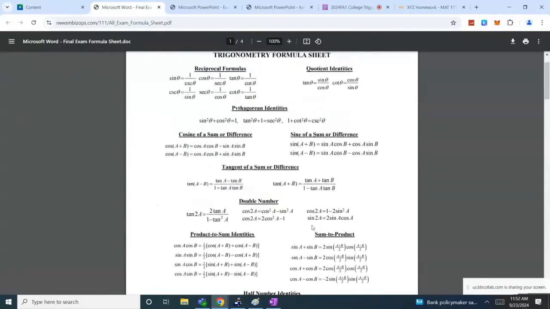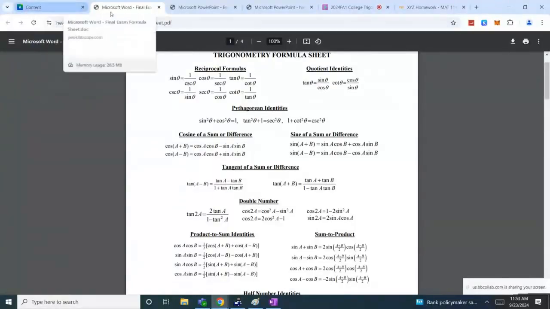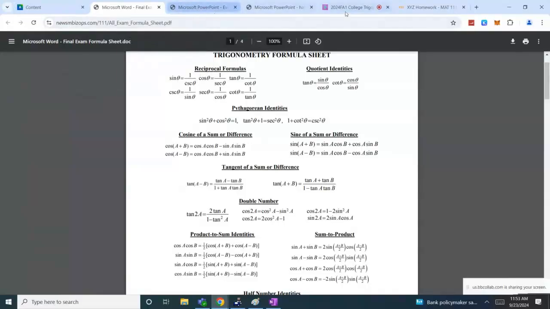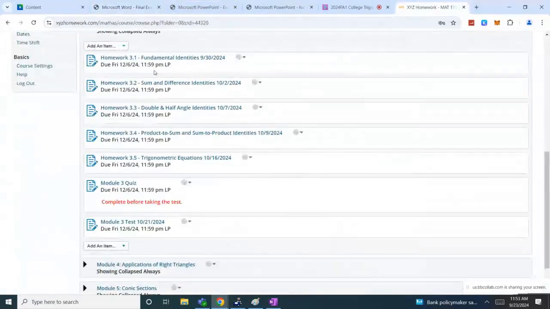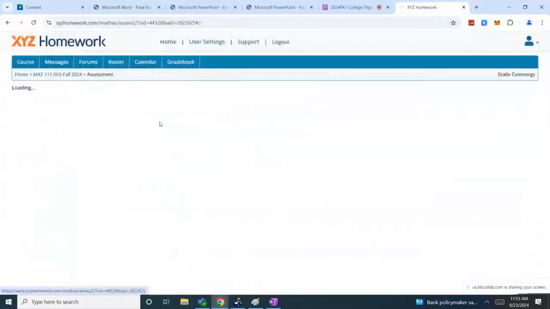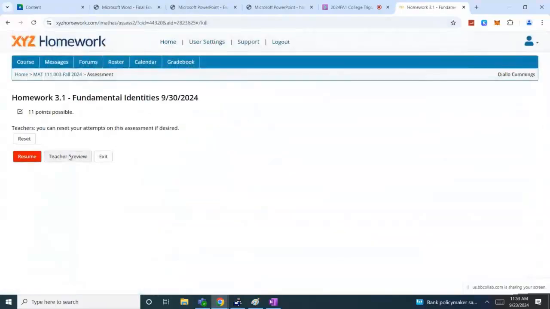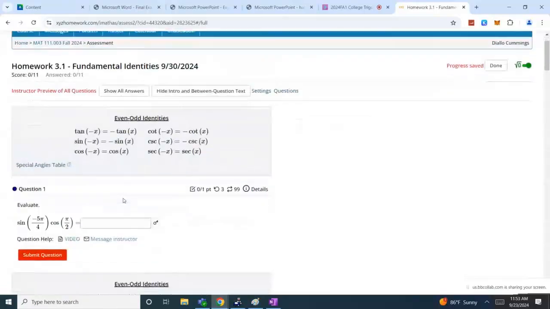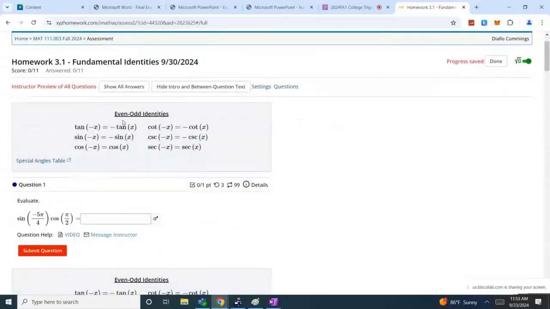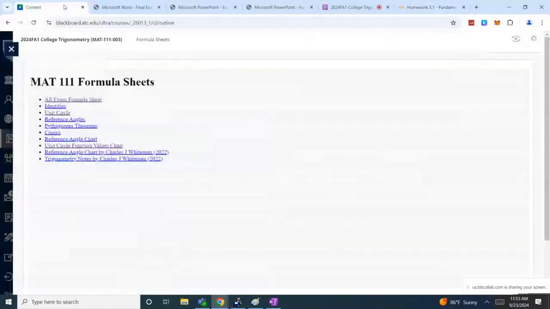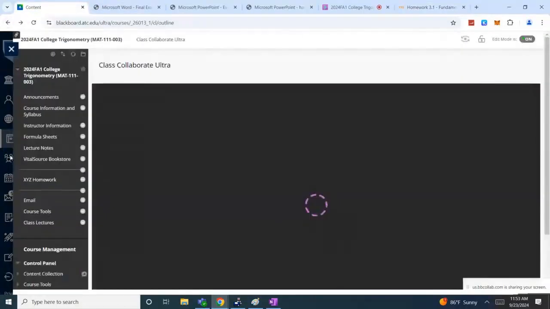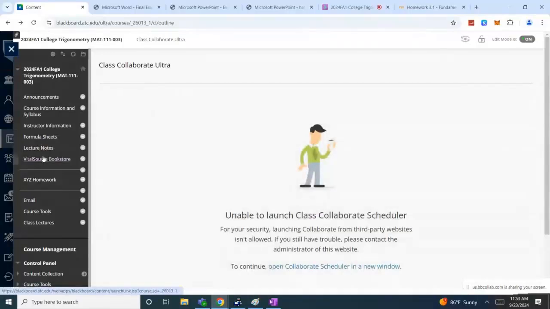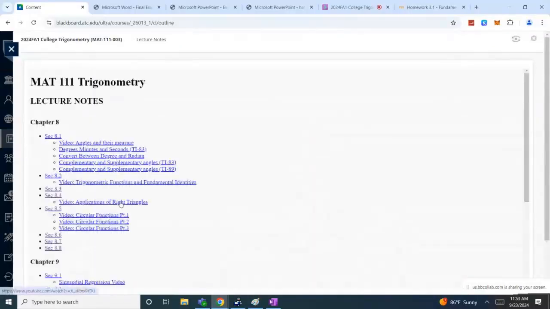There are a set of formulas that are not on this formula sheet, and they are called the negative number identities. They're like the first things that you encounter in this 3.1 homework. Let's see where you could find those in the lecture notes section.